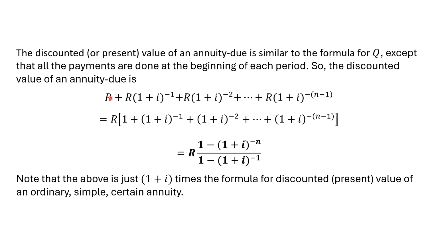So you have R being paid out, and then R times 1 plus I to the minus 1, corresponding to the second payout, and a discount corresponding to the second payout, and so on. And so instead of going up to minus n, you go up to minus n minus 1. You can factor the R out of this, and then you just get a geometric series. We use our formula for the sum of a finite geometric series, and we get this here.